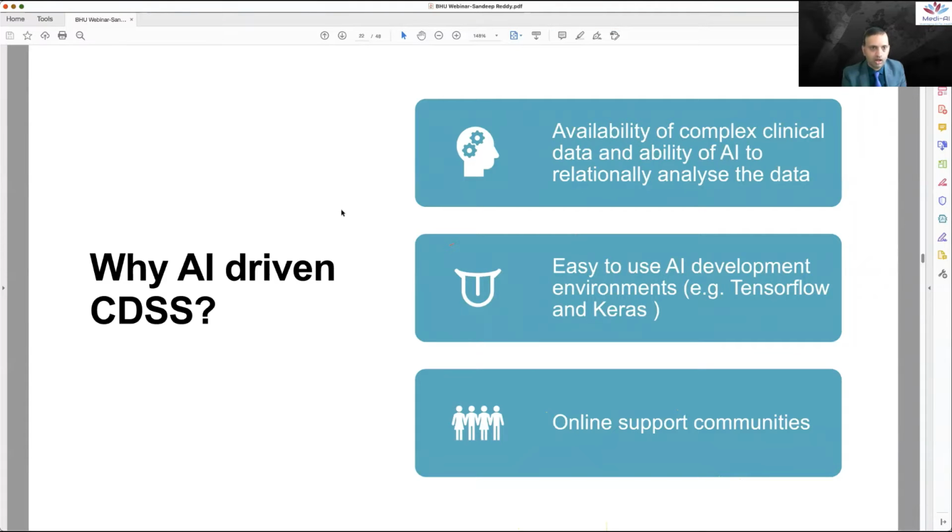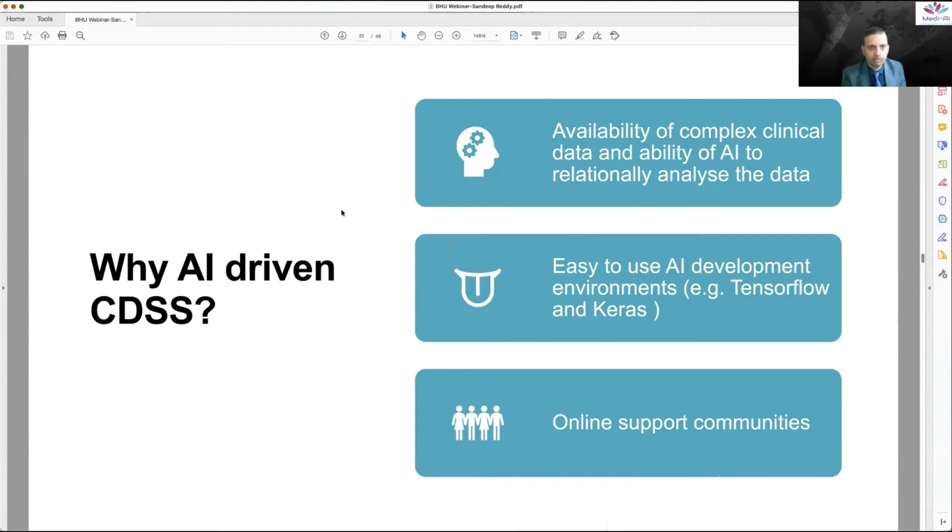But then, how would they get the relevant insights when there's a huge amount of data coming in? That's where clinical decision support systems can filter out the noise and help the clinician identify the relevant information, whether it's patient data or medical guidelines. That's where AI-driven clinical decision support systems can play a huge role.